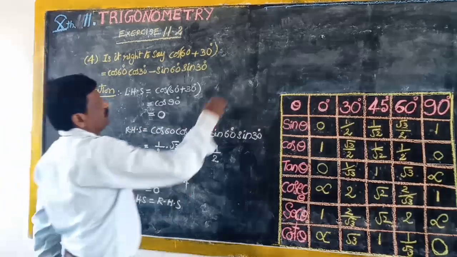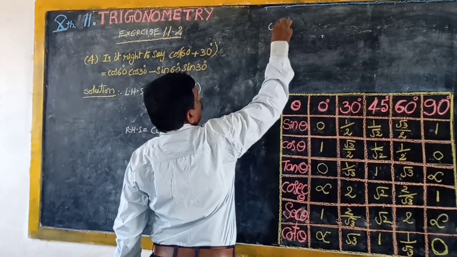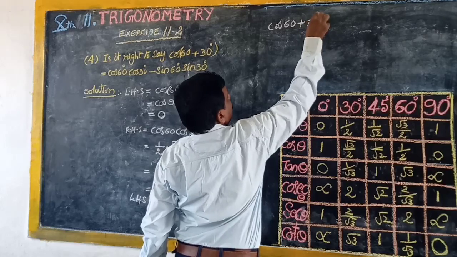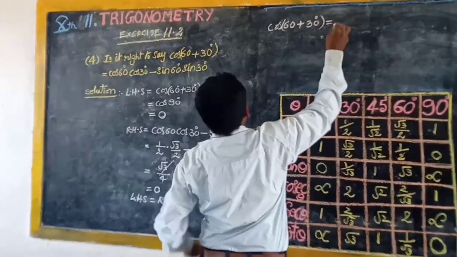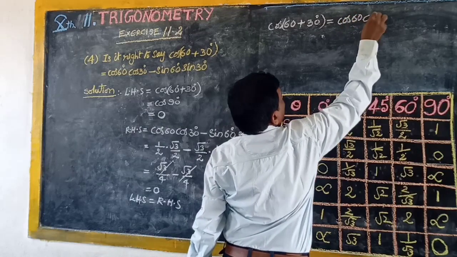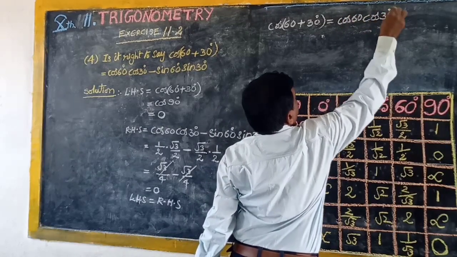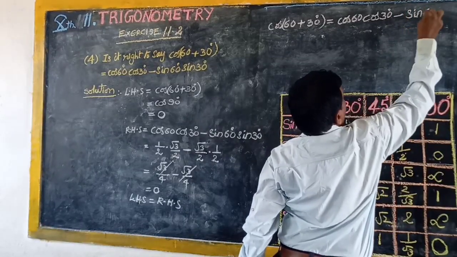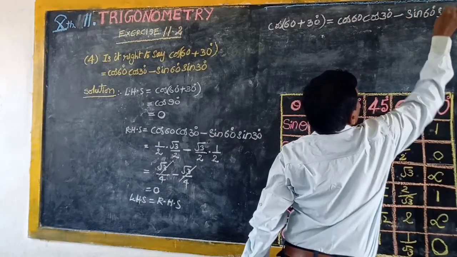Both are equal. This means cos(60 + 30) is equal to cos 60 cos 30 minus sin 60 sin 30.